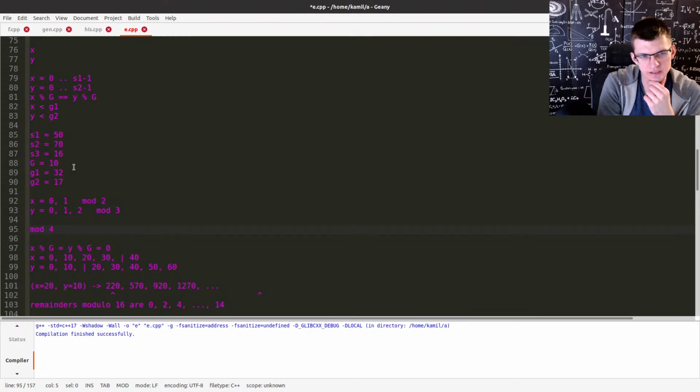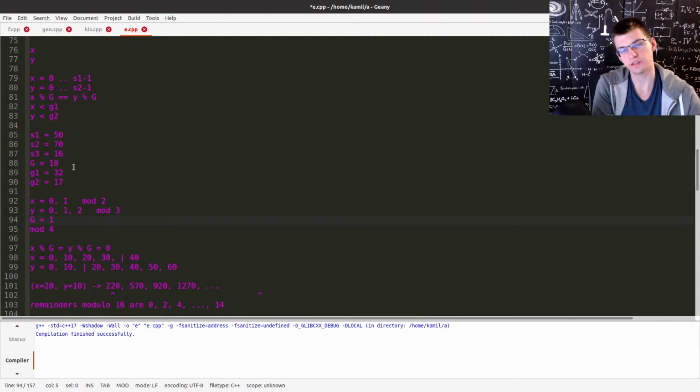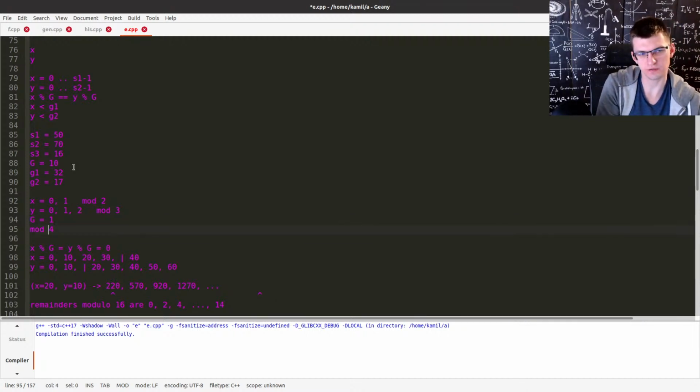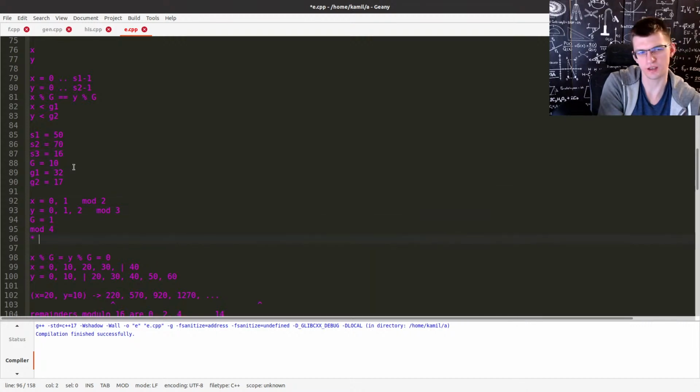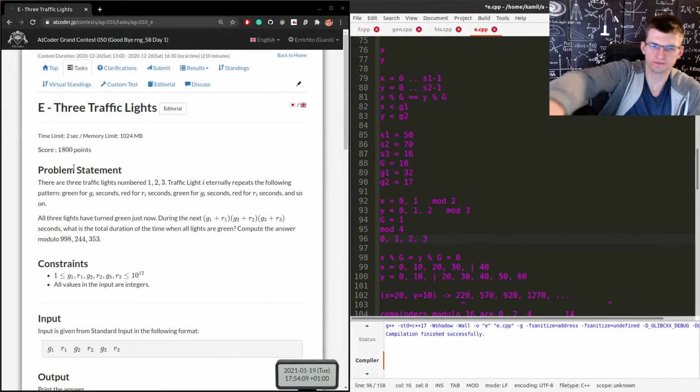Instead I just say that 4 is coprime with GCD of 2, 3, because G is 1 already. G was GCD of 2, 3, it's 1. Then I take GCD of 1 and 4, it's again 1. And I don't see any kind of pattern. And then I just try to say, among numbers 0, 1, 2, 3, 4, I look for those smaller than green 3. And that's not good.